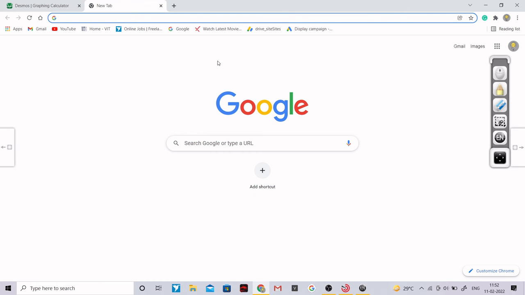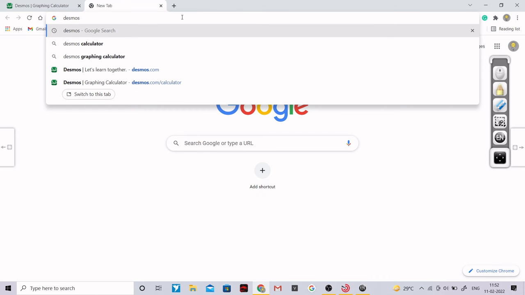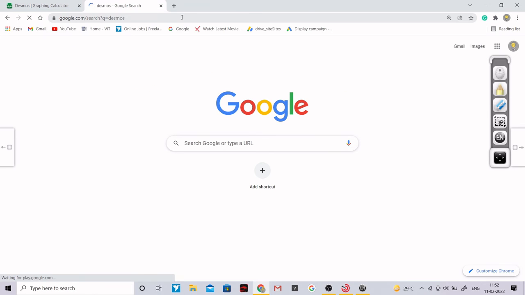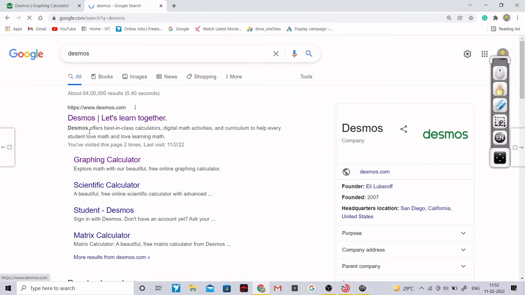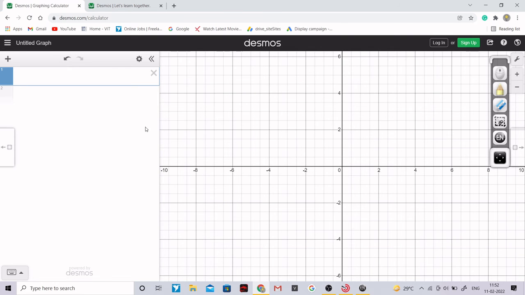Now just type over here Desmos software, or Desmos, that will do, and click on the first site which you are seeing over here. Do the entire process of signing up and all, and then you will get this kind of interface, right?